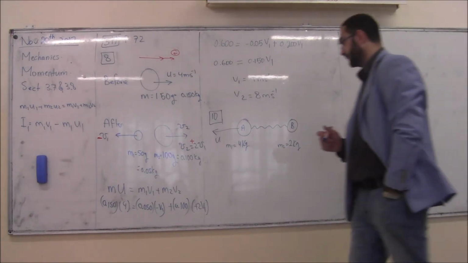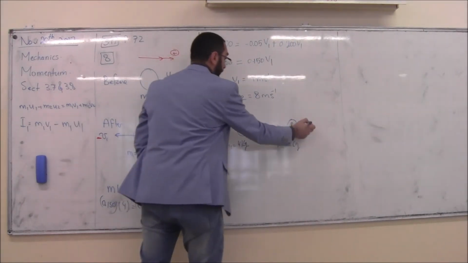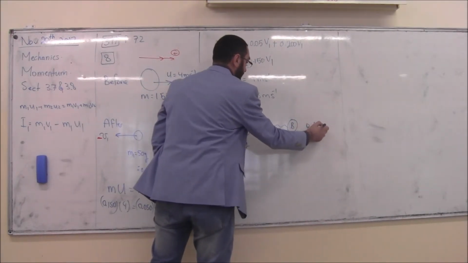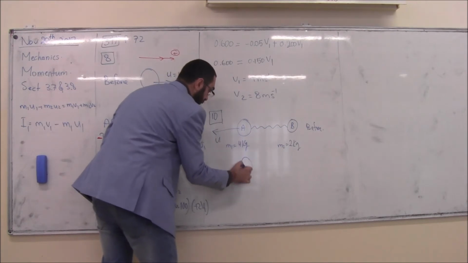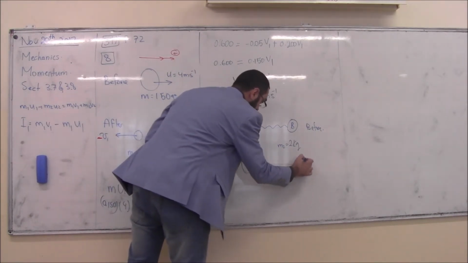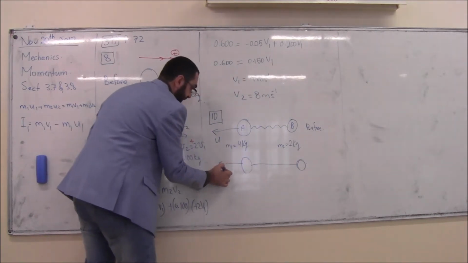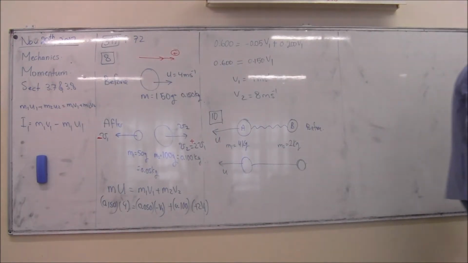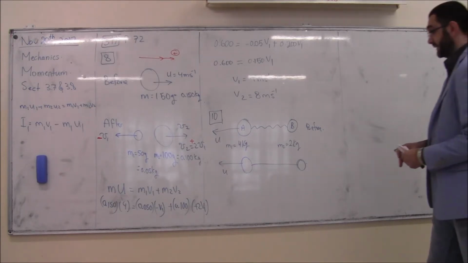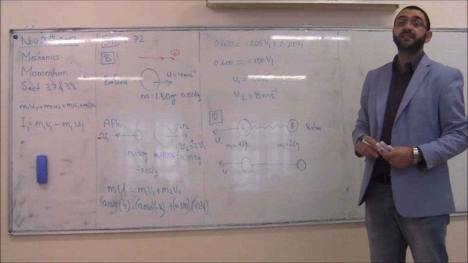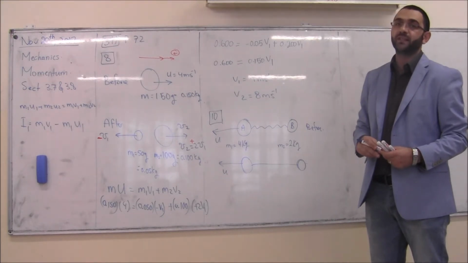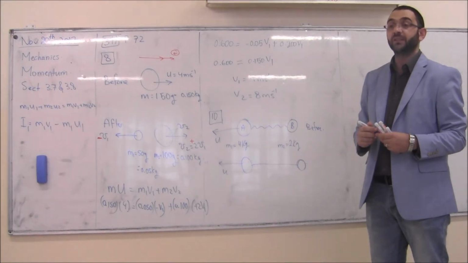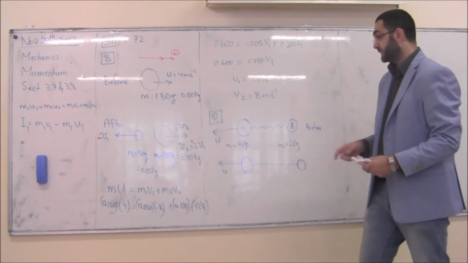Pay attention, please. This is before. After, what will happen? The string goes taut. A will change direction. Here it's given that there is an impulse transmitted, 6 Newton seconds. Where is the direction of the impulse transmitted?